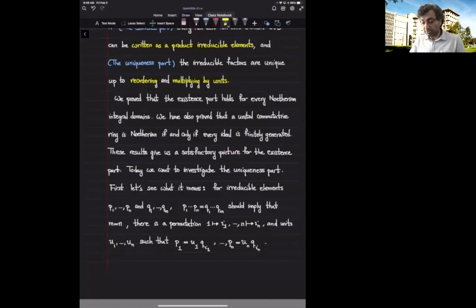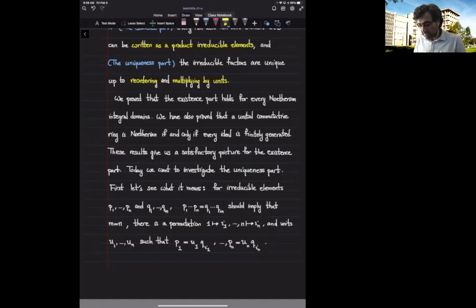And we show that a ring is Noetherian precisely when all of its ideals are finitely generated. So altogether, as an example of this result, every Noetherian integral domain satisfies the existence part of this factorization, and we deduce that PIDs satisfy the existence part of a unique factorization domain.